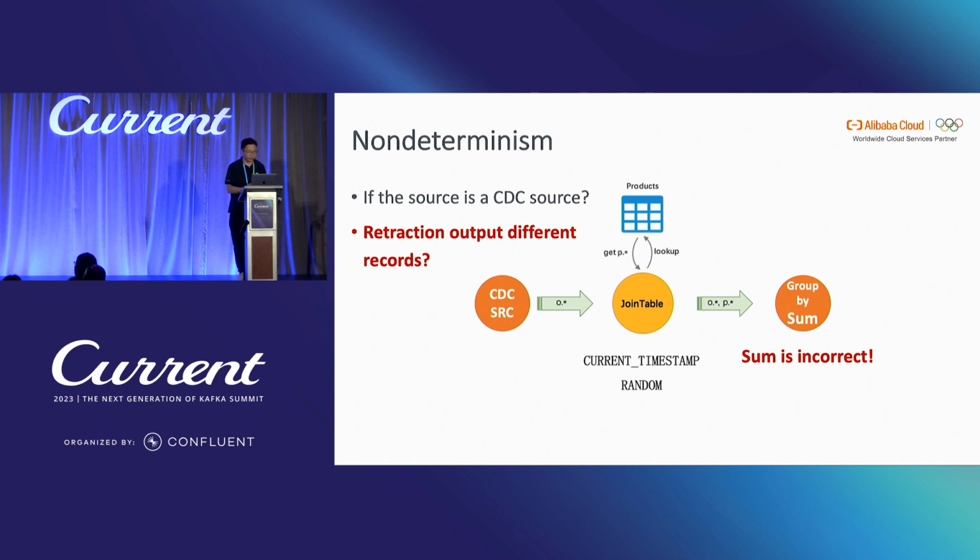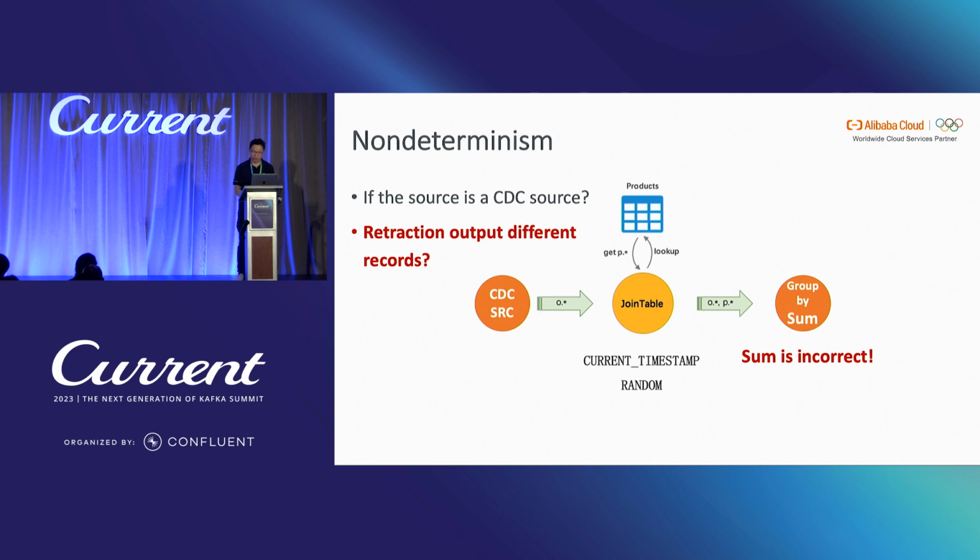So you can take a look at this picture. If you read a CDC source, a changelog source, from maybe MySQL or PostgreSQL, and use non-deterministic SQL, for example lookup join, because lookup join is also a non-deterministic operator: this time you look up one value, and next time maybe you will look up another value.